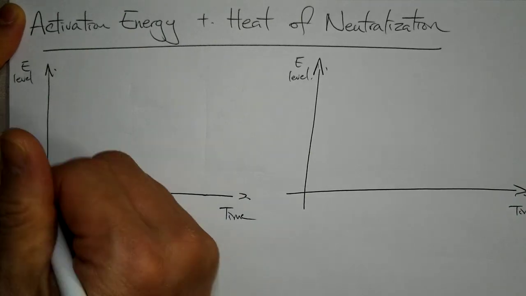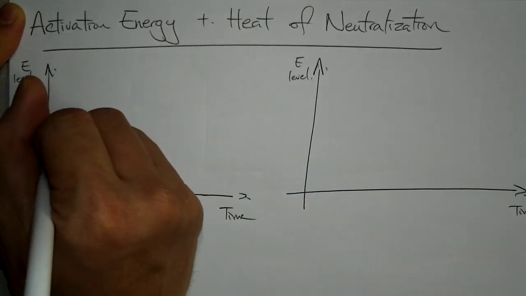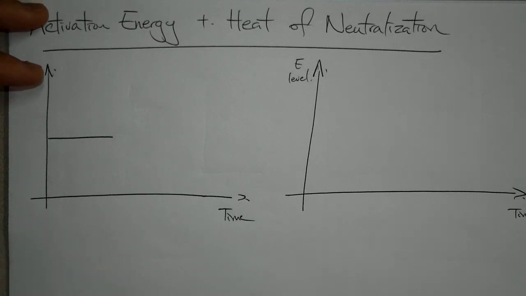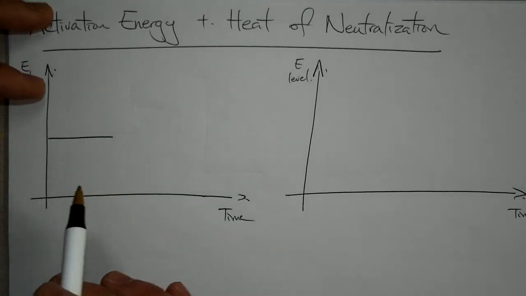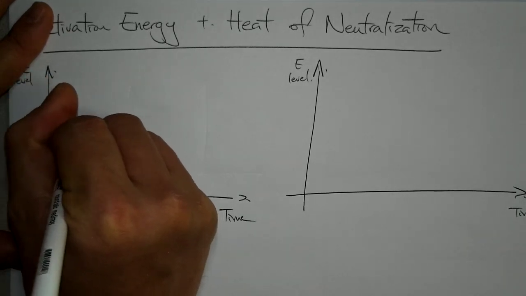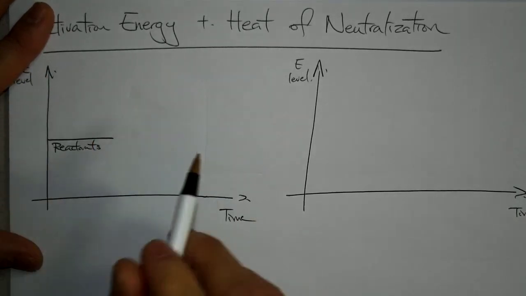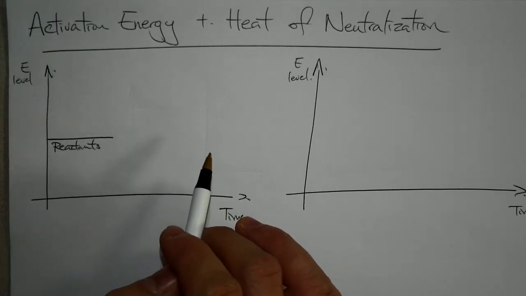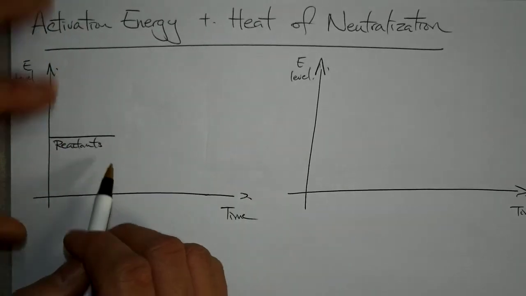You always start off with a reactant. The reactants always have some sort of energy level. This energy is stored within the bonds of the molecule. So the single bonds and the double bonds all have some bond energies. That's what we're talking about.